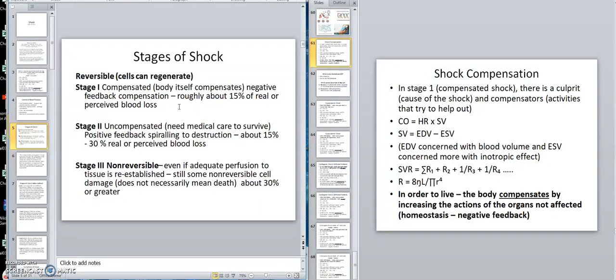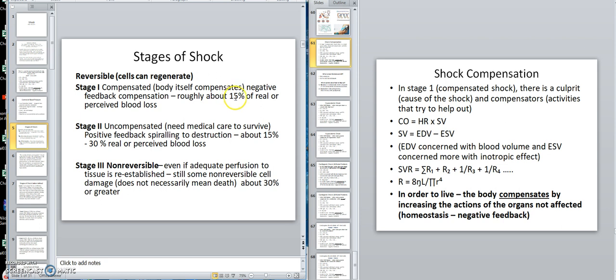Now, roughly if you lose about 15% of your real or perceived blood loss. Now, 15% real means you bleed out. Perceived means that, let's say the pipes get bigger in your body. Let's say you have a whole lot of vasodilation. So even though you didn't lose blood, it would appear you did because the pipe got bigger, real or perceived.